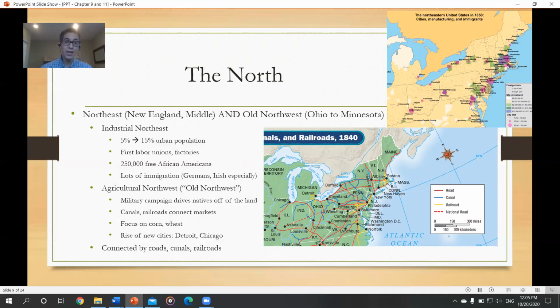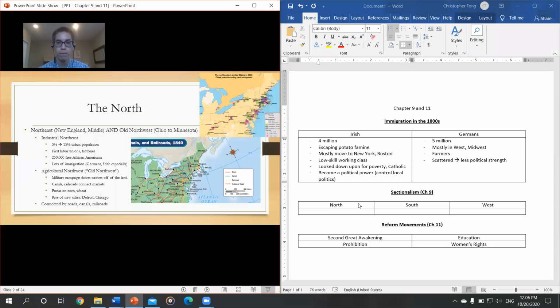And so this connects the markets. Even though they're growing mostly wheat and corn over here, they're shipping it over to New England. So it's kind of like, to use a science term, a symbiotic relationship where New England and the Midwest are relying on each other. And because of this trade connected by the railroads, there's the rise of new cities, Chicago and Detroit, both along the lakes and both near railroads and things like that.